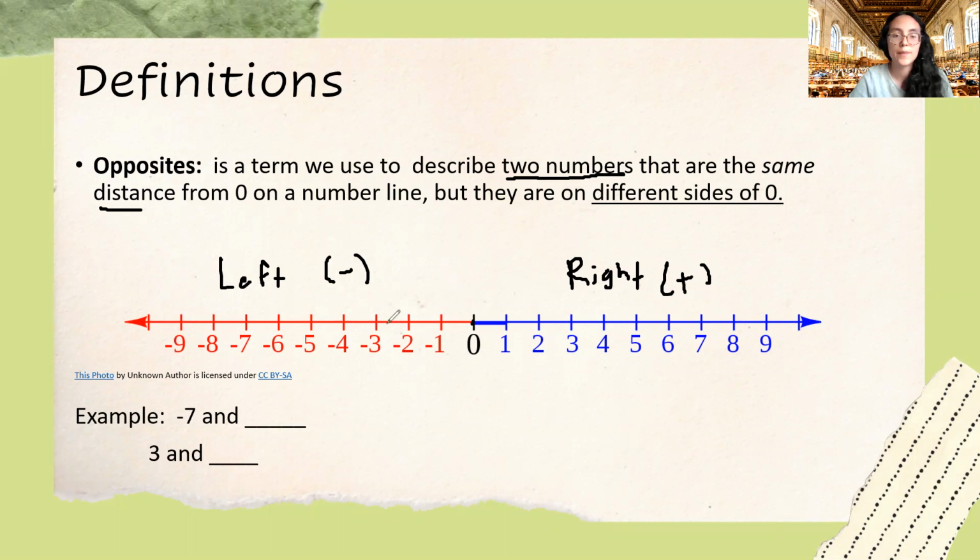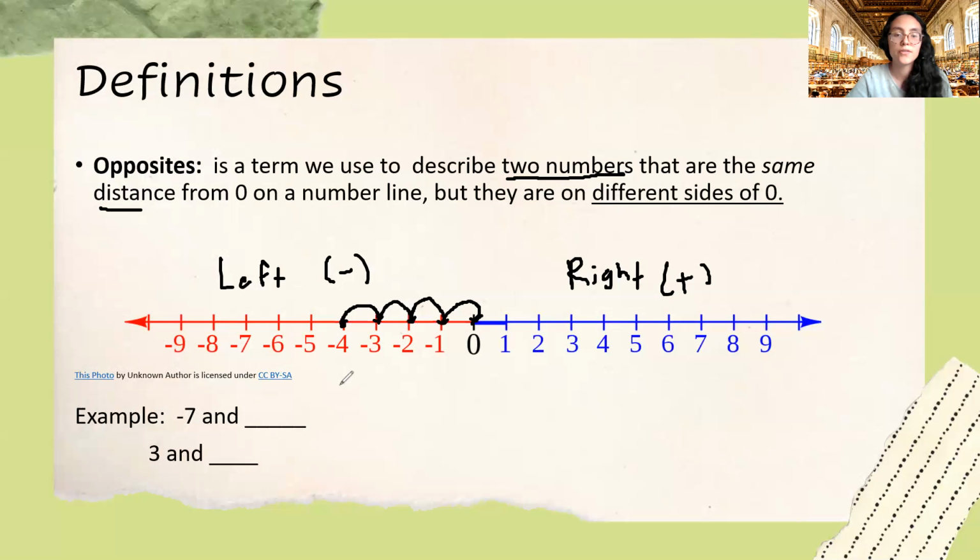If we do a quick example right now, let's say I have -4 on the left side of zero. -4 is 4 units from zero. And you may be thinking, well, how do you know that? Well, I can just count 1, 2, 3, and 4. It is 4 units to the left of zero.